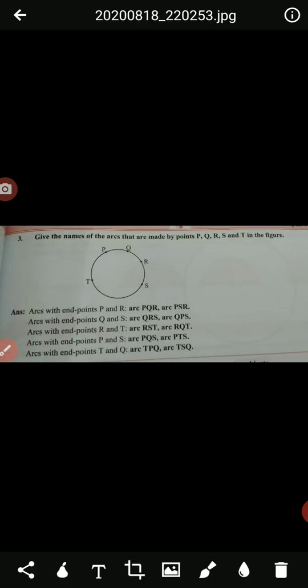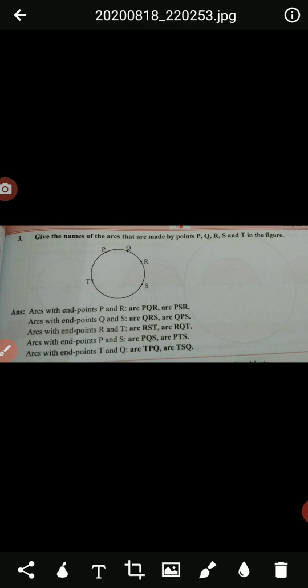A, B, C and A, D, C. And the arcs with ends B and D: B, A, D and B, C, D. That is how they are asking; like that only you have to write the names of arcs. Don't get confused.